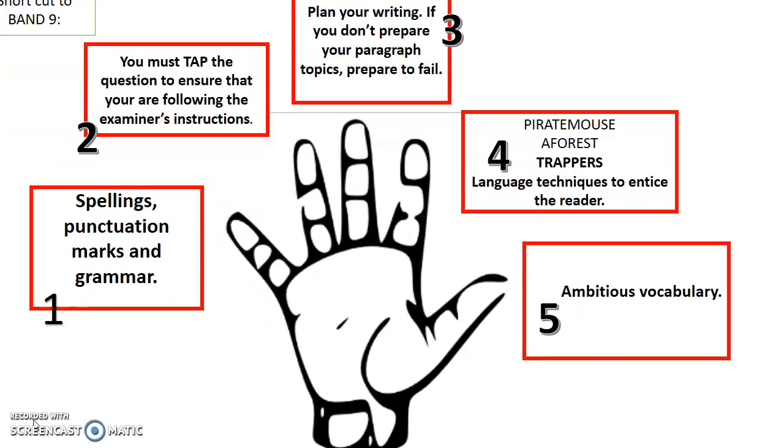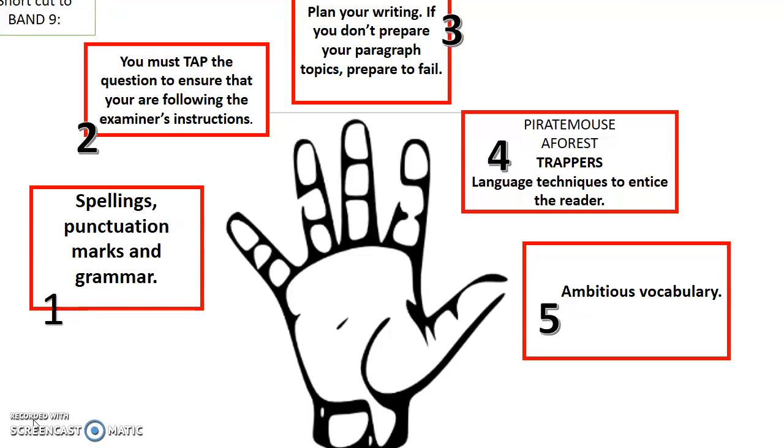You see, if you don't have correct punctuation and spellings and grammar, it's like I'm going to make a cake and I've got the finest ingredients in the world, but the problem is I've sneezed all over it, I haven't washed my hands. Are you going to eat that cake? Hell no. So that's the same thing with spelling, punctuation and grammar.